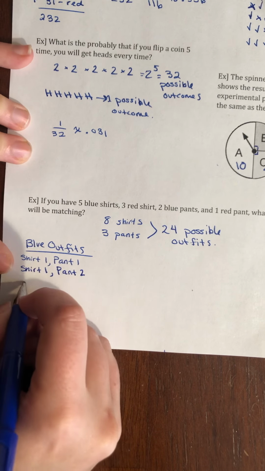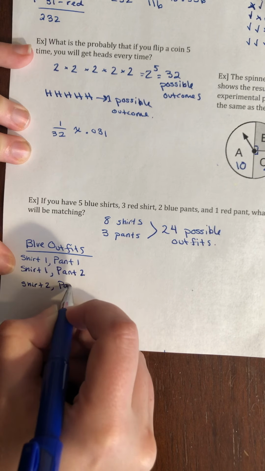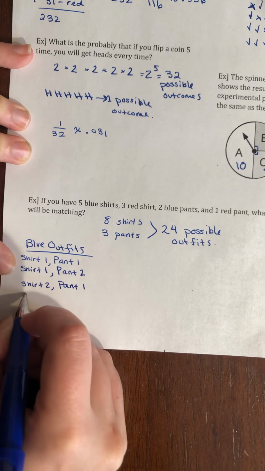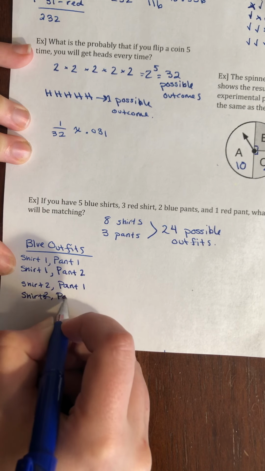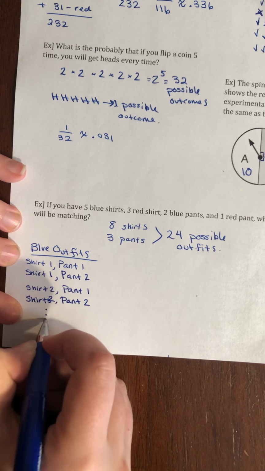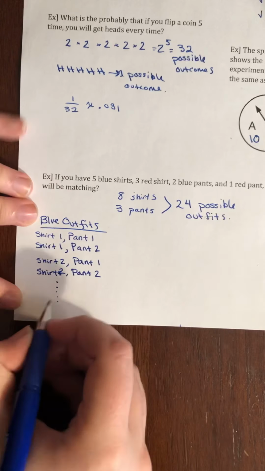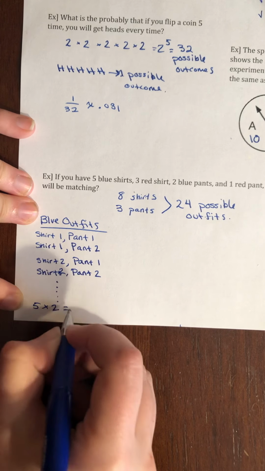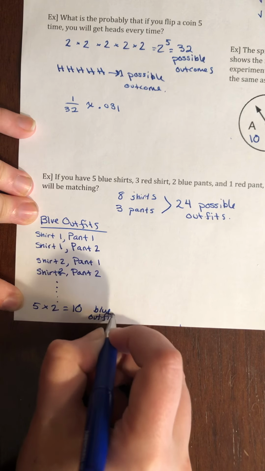I could go to shirt 2 with pants 1 and shirt 2 with pants 2. Now, I could list them all out, and that would take a long time though. But if I have 5 blue shirts and 2 blue pants, so there are 10 blue outfits. That might save you some time.